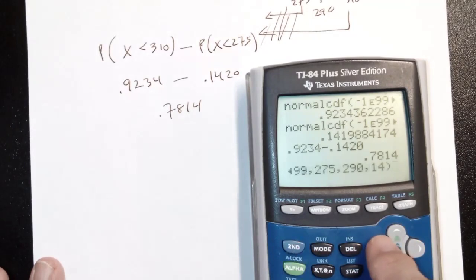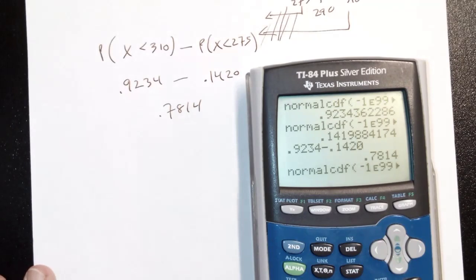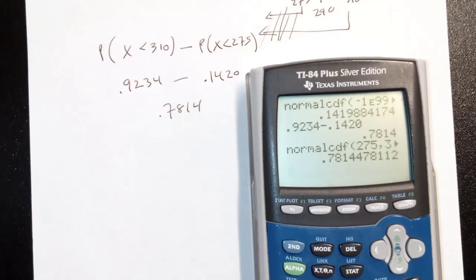Because that is what my lower bound is here, right? So what if I made that my lower bound and 310 my upper? Oh, the calculator will do it in one fell swoop. 0.7814.